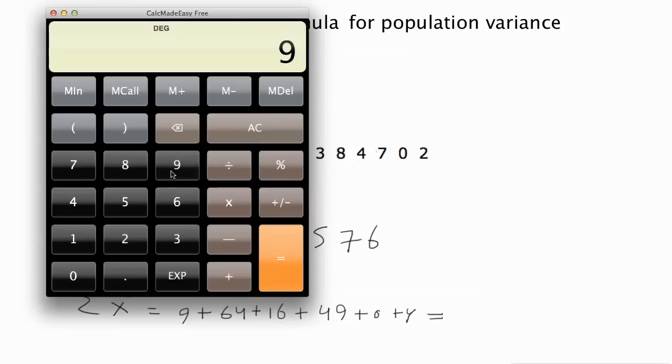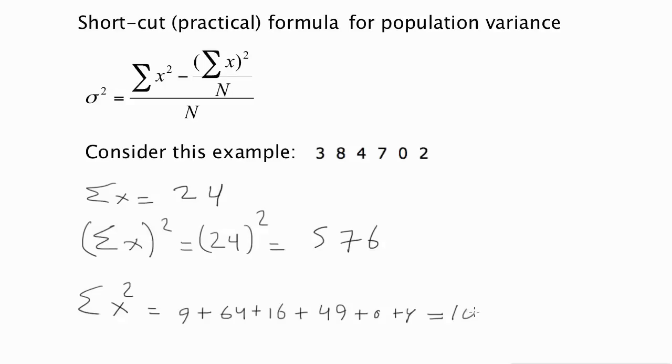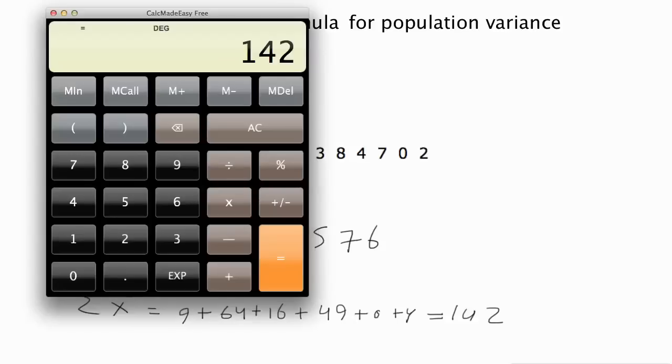And now, after squaring every value, let us add them. So 9 plus 64 plus 16 plus 49 plus 4, that's equal to 142. Okay, you could have done this with a calculator from the beginning.